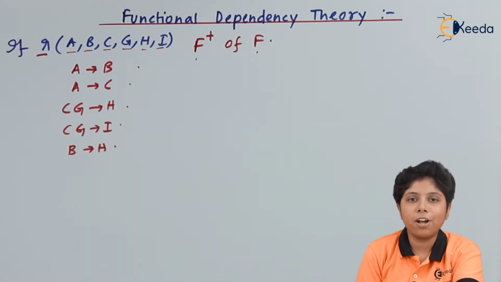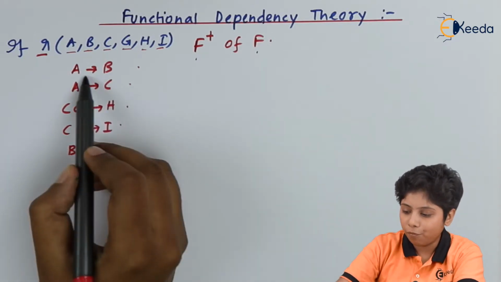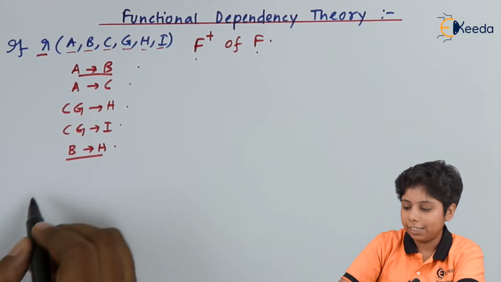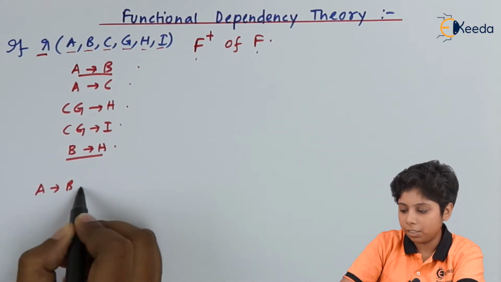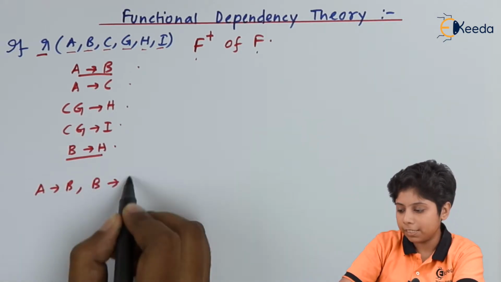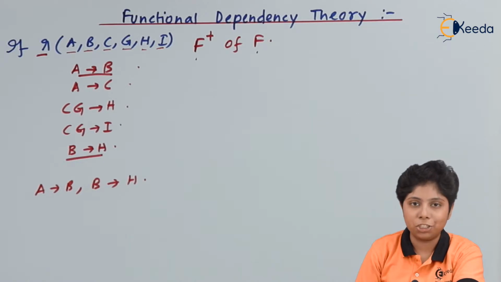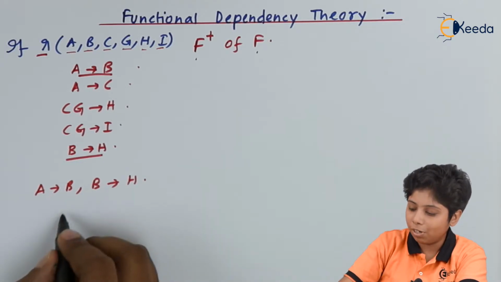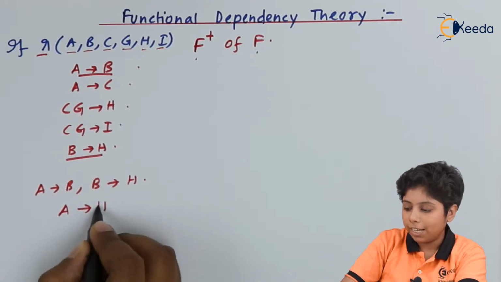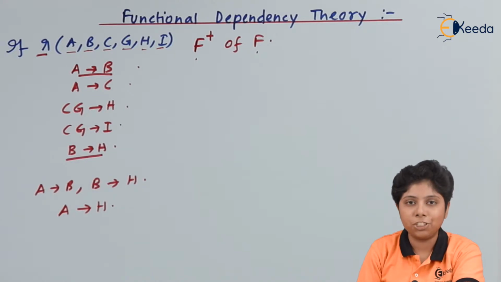Now if we look at these dependencies, we can say that taking the first and the last one, that is A depends on B and B depends on H, we can say that A is dependent on H is logically implied.